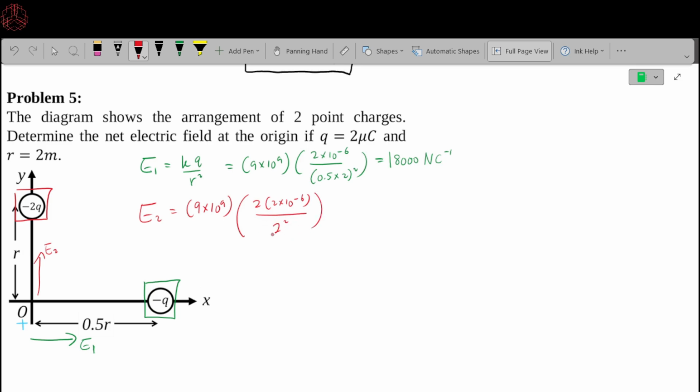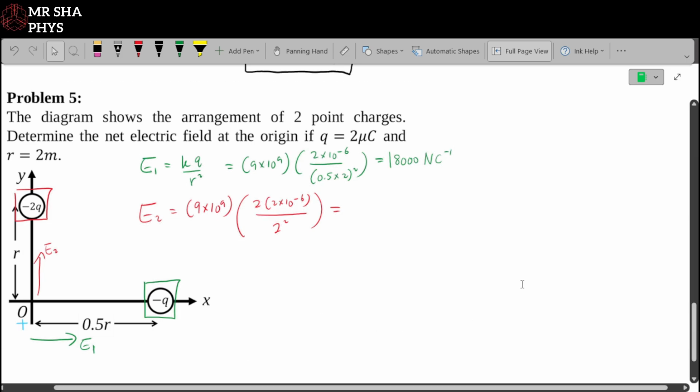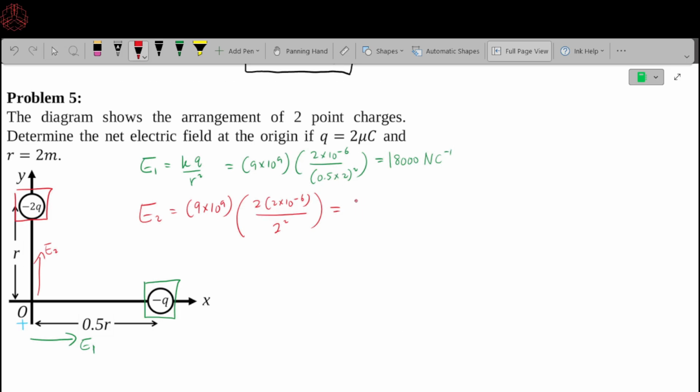So that's going to be 2 squared at the bottom. Then I can key that into my calculator and find that the electric field in the Y direction is 9,000 Newton per Coulomb. Okay, 9,000 Newton per Coulomb.